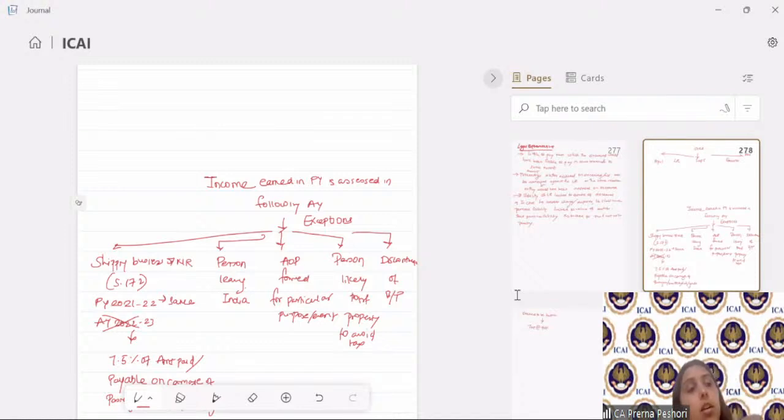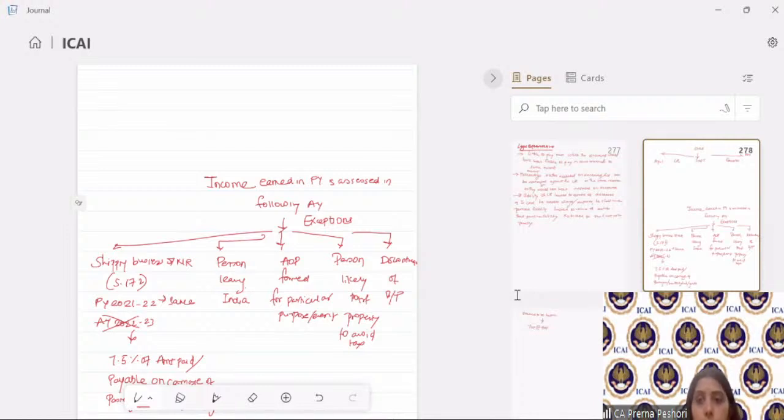Is that clear? But this is not the case with the partners. So partners are also jointly and severally liable. In case of HUF, the members are jointly and severally liable. In case of AOP, again the members are jointly and severally liable. Is that clear? Any doubt?